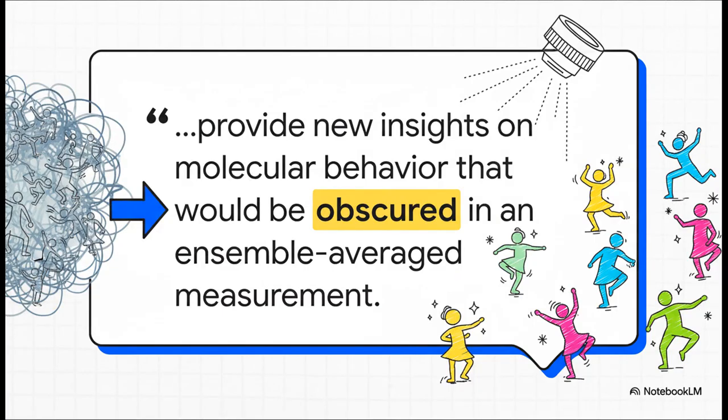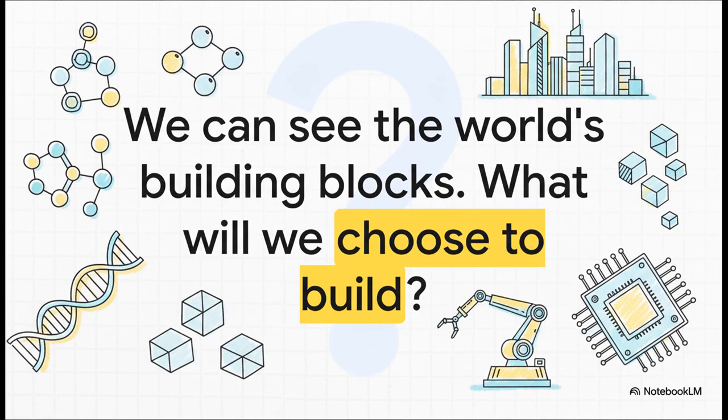As the researchers put it themselves in their paper, these techniques provide new insights on molecular behavior that would otherwise be obscured. In other words, we're finally seeing the individual dancers, not just the blurry motion of the crowd. So we can now see and identify the fundamental building blocks of our entire world with absolute, perfect clarity. The question this leaves us with is a big one. With this incredible new vision, what will we choose to build?